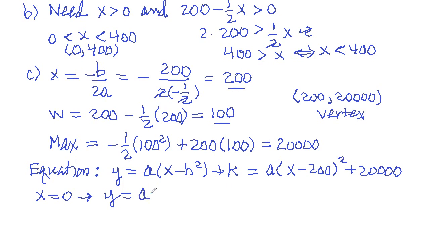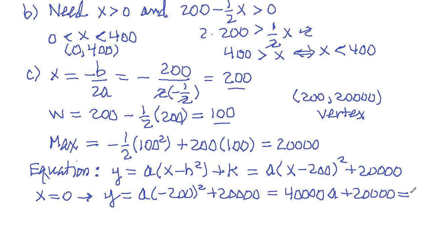So x equals 0. If we plug that in, we get a times negative 200 squared plus 20,000, which is, 200 squared is 40,000, times a, plus 20,000.